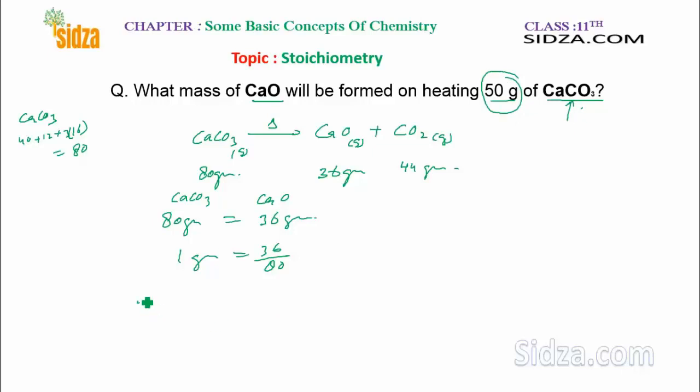So from 50 grams of calcium carbonate, I'll get how much calcium oxide? It is 56 by 100 times 50. This will be the weight of calcium oxide, which is equal to 28 grams. That means from 50 grams of calcium carbonate we get 28 grams of calcium oxide.